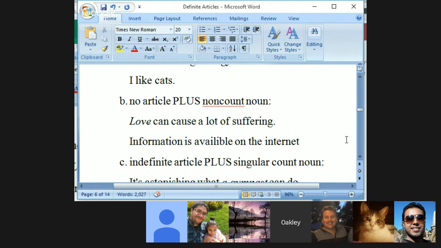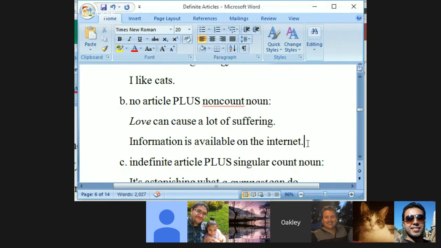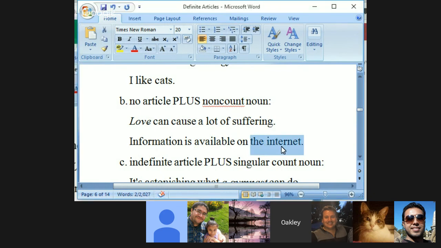There you go. Okay, very good. And once again, I always misspell the word available every time. And once again, we're using the internet because it's a mass media, mass communication. We're talking about it in general. We use the. This is an exception we'd seen earlier with the newspapers. Okay, very good. That's the idea.